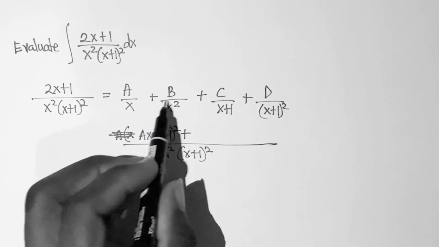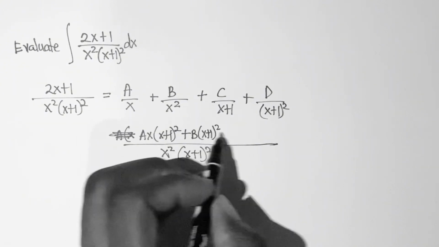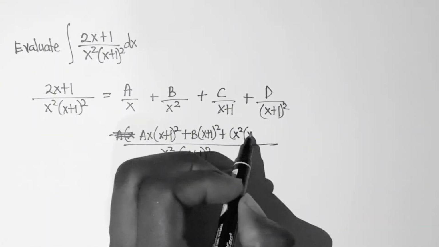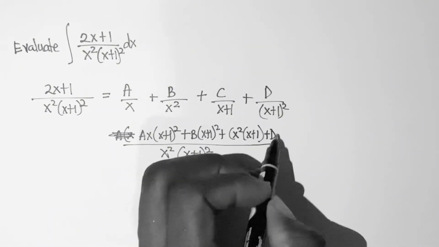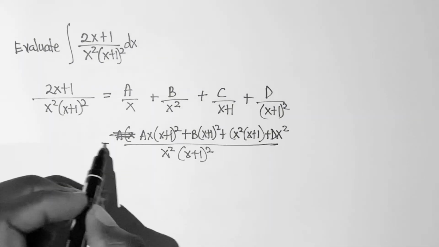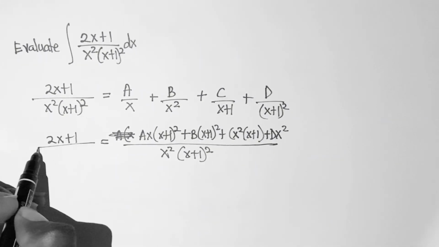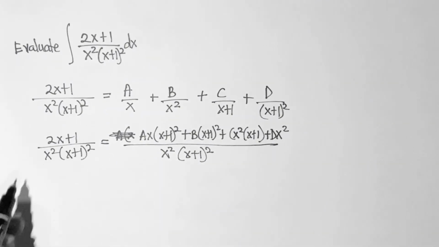Then plus b, which will multiply (x plus 1) squared, since there's an x squared here. Then plus c to multiply x squared times (x plus 1). Then plus d, which will multiply x squared. So this is equal to (2x plus 1) divided by x squared times (x plus 1) squared.